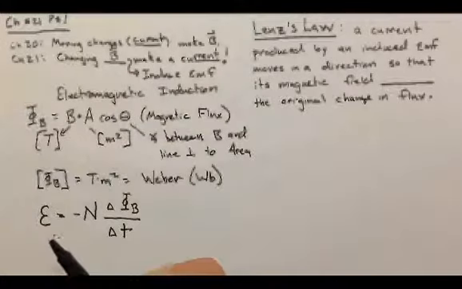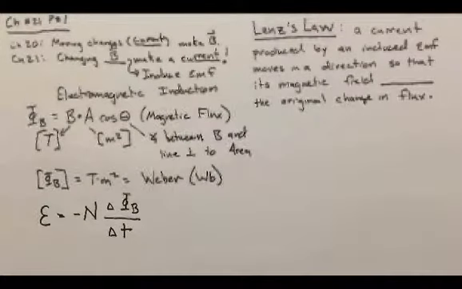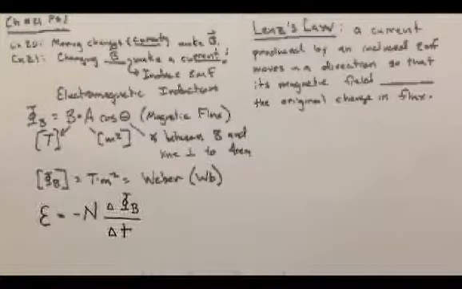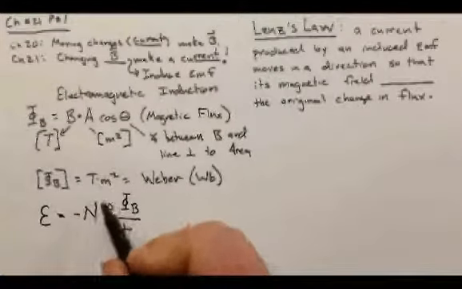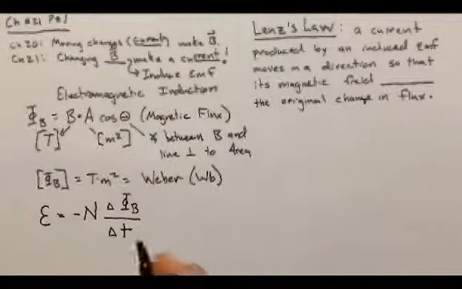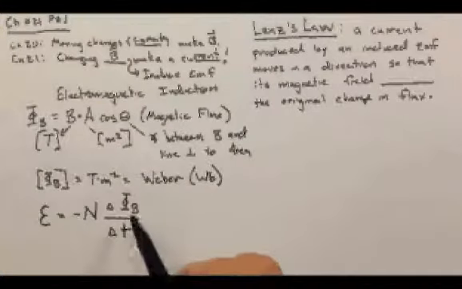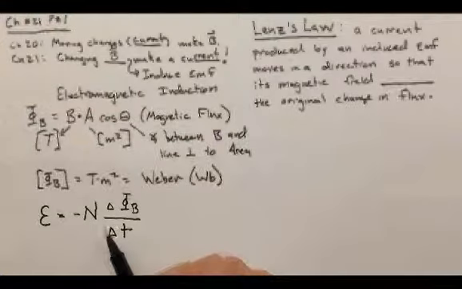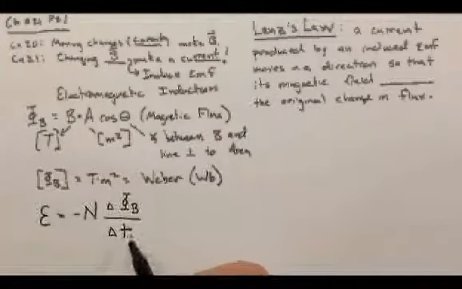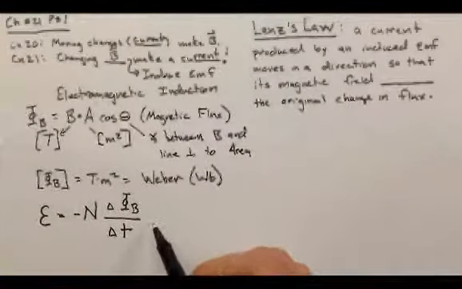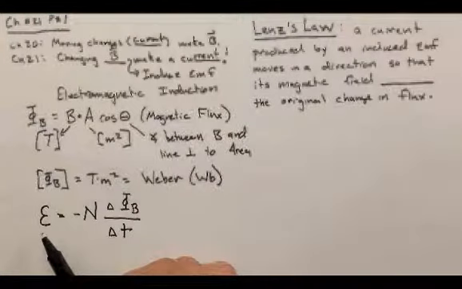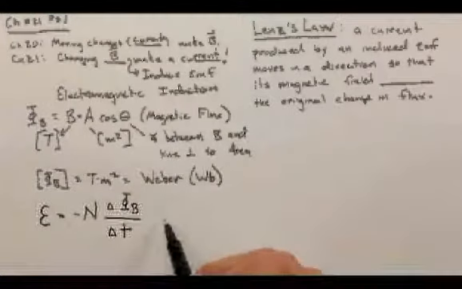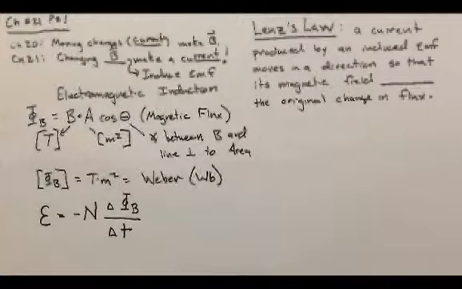So the induced EMF, the voltage that we can make in a coil of wire, is equal to the number of turns of wire that we have in a given area times the change in magnetic flux per change in time. And if you multiply all these units together, all of these come out to be volts.